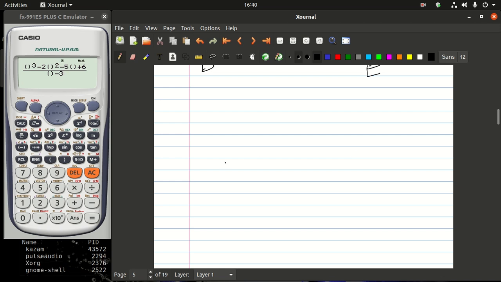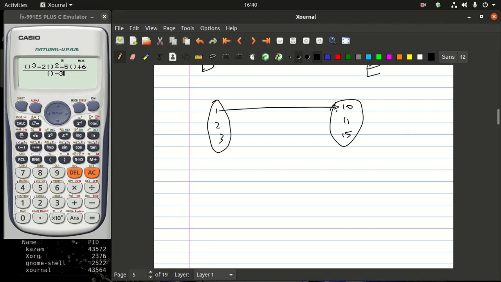But let's move on. Say you have a set of things 1, 2, 3, and on this side you have 10, 11, and 15. You notice that this element here is mapped there, and the same element has another output. So this input element is mapped to two outputs, but this one is only mapped to one element.